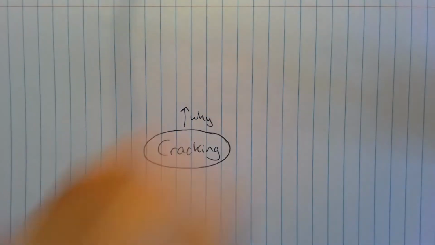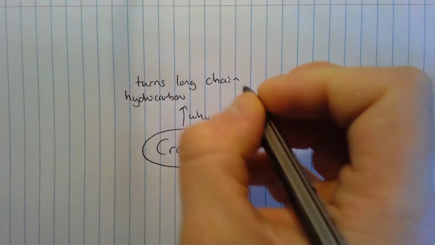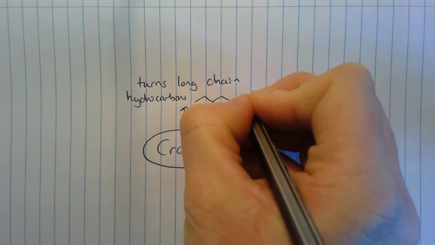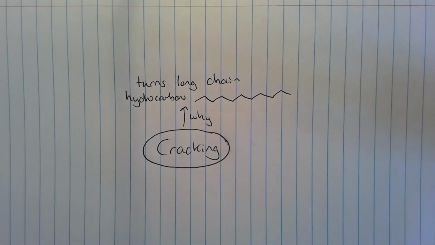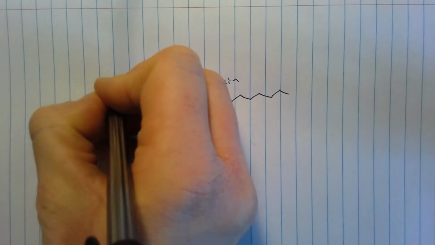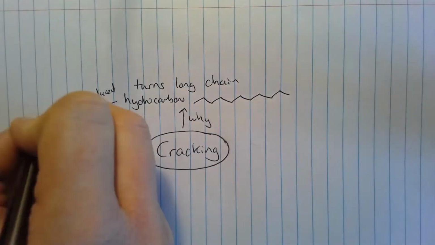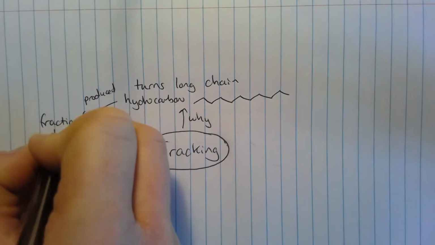So cracking is carried out because it turns long chain hydrocarbons, which I'm going to represent with this long squiggly line here, and those long chain hydrocarbons are produced during the process of fractional distillation, which we've already looked at.